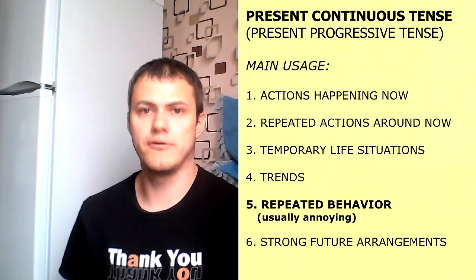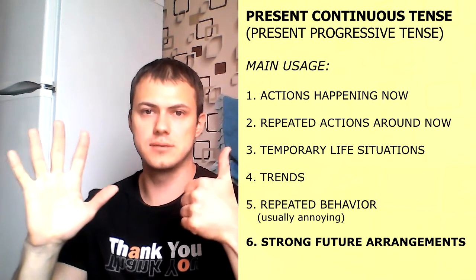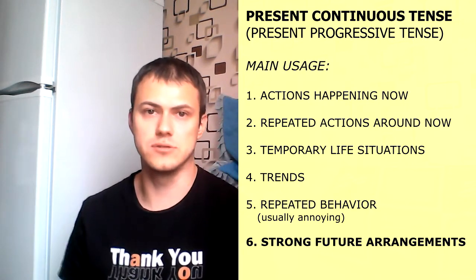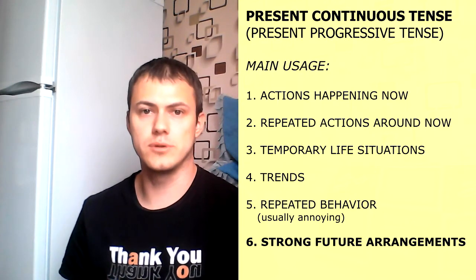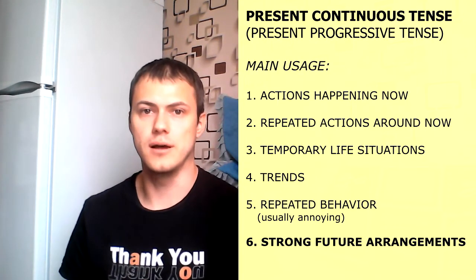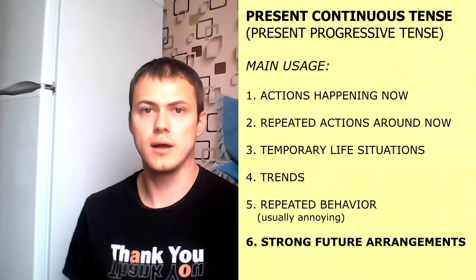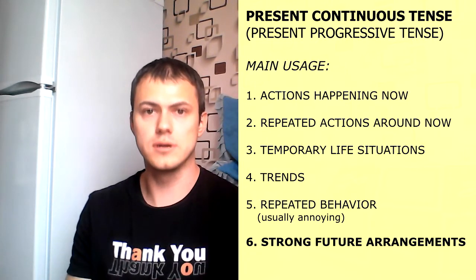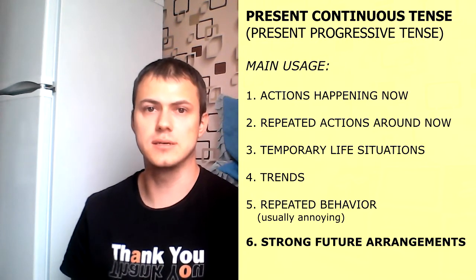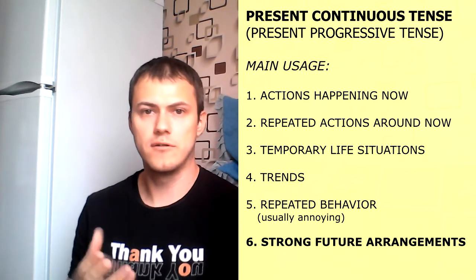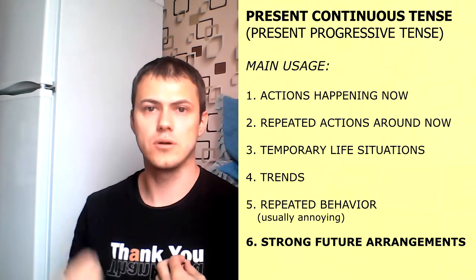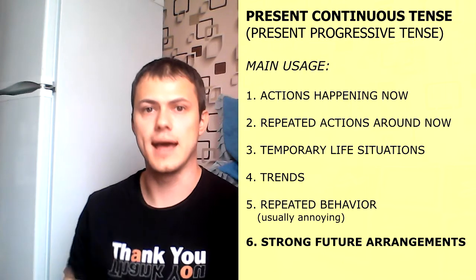And finally, the sixth usage of the present continuous tense is when we talk about the future, and usually when we talk about strong plans and ideas in the future. For example, I'm going to Canada next year.